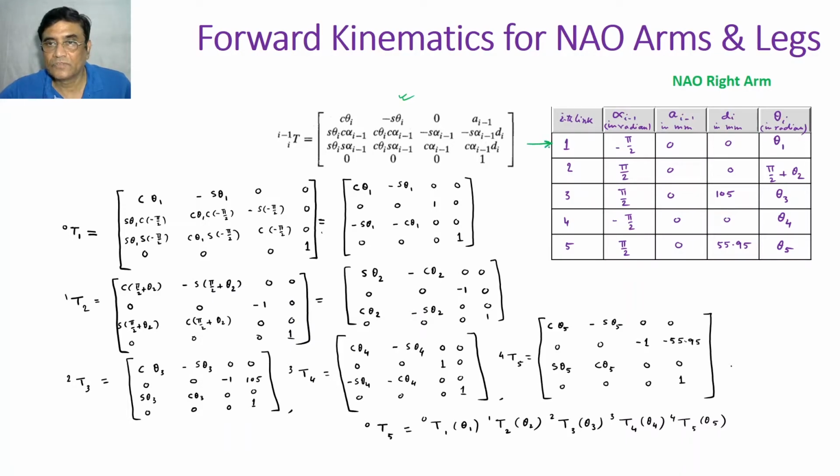This is an arrow showing the first link. So these are the DH parameters, you put those values here. The motion parameter is theta 1. So cos theta 1, minus sin theta 1, 0, and a i minus 1 is 0 for the first link.